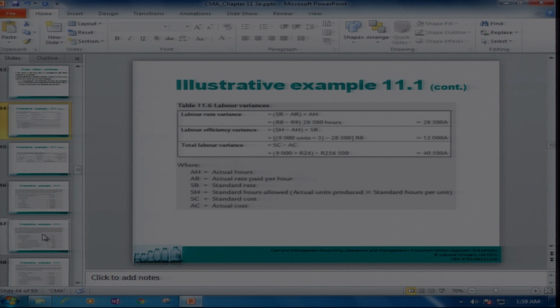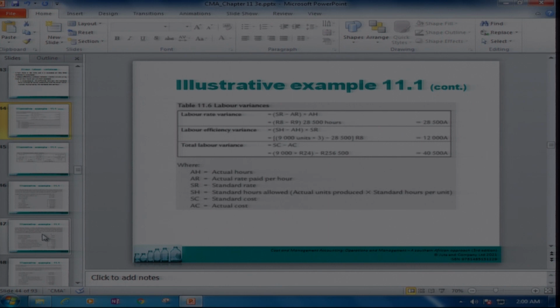Remember, we have to explain why it is unfavorable, because we budgeted 8 rand, we spent 9 rand, so we've spent more than what we had budgeted for, and that makes our variance unfavorable.